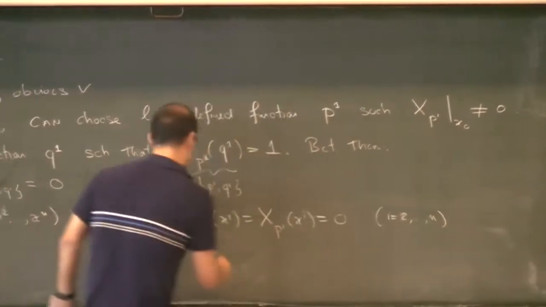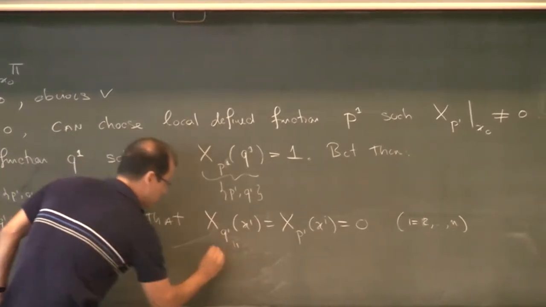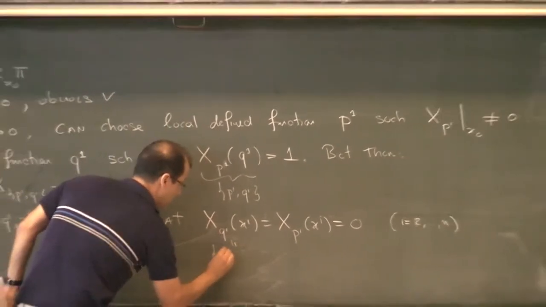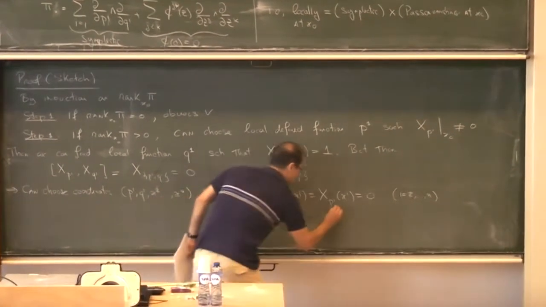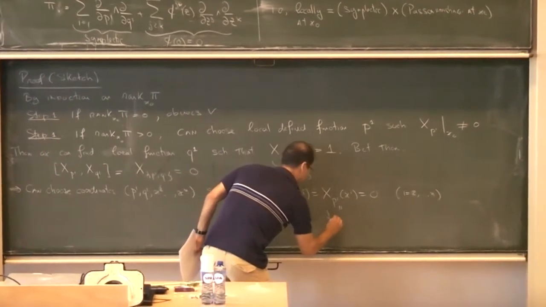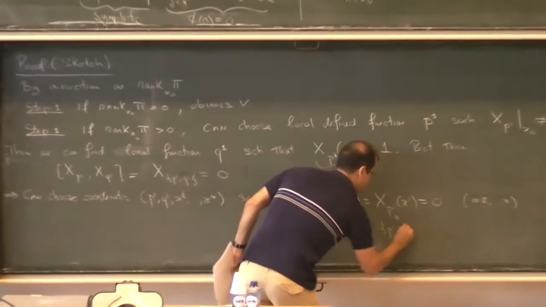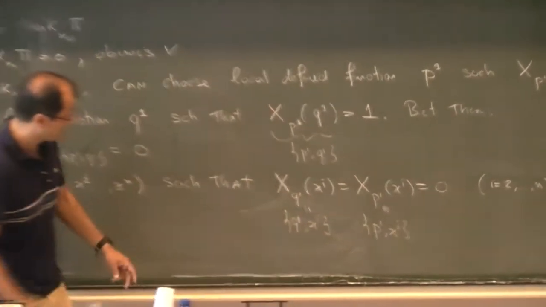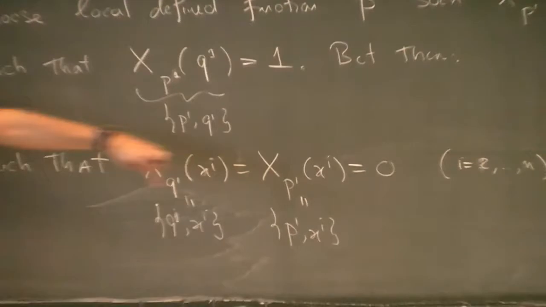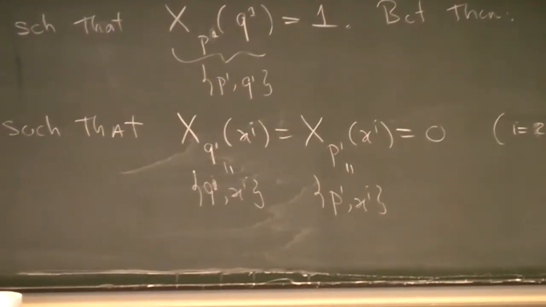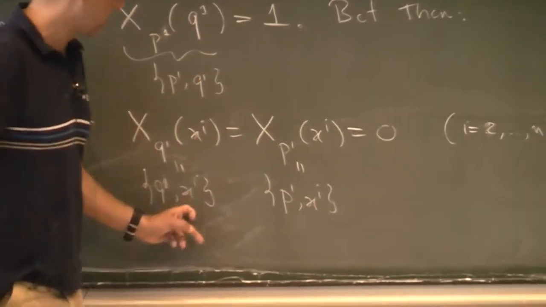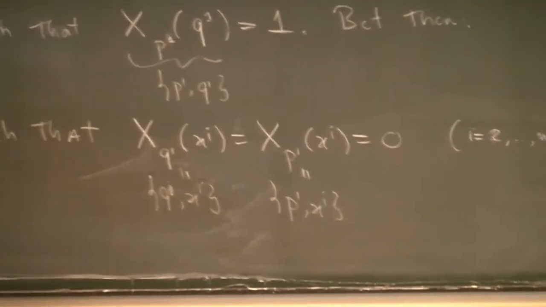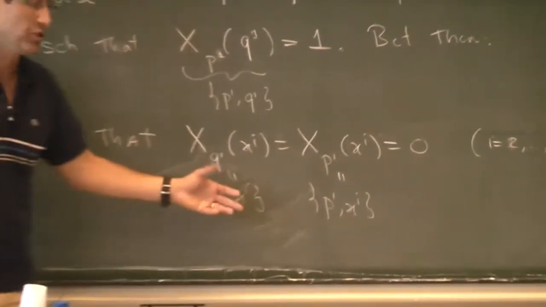Now, don't ever forget that this just means the bracket of q1 with this function xi, and the bracket of p1 with the function xi, are zero. So we already know that the brackets of the xi's with q1 and p1 are 0, right? So the only thing that we missed is to compute the brackets of the xi's with the xj's and see that they don't depend on p1 and q1.